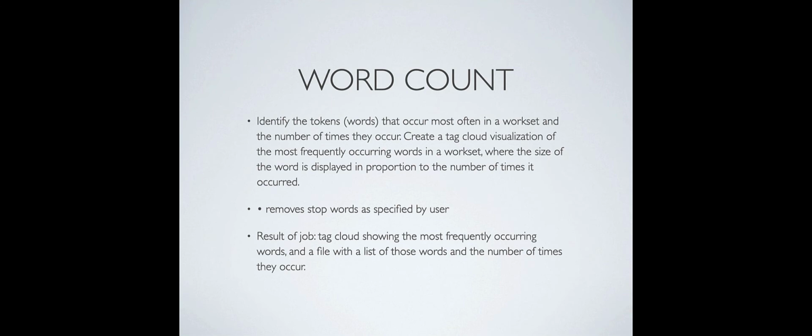A lot of the time we call tokens words when we're processing through algorithms. So it usually creates the most frequently occurring words in a text or work set, where the size of the word is displayed in proportion to the number of times it occurs.